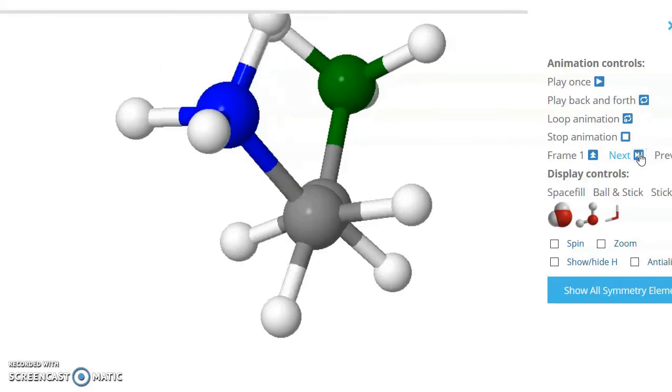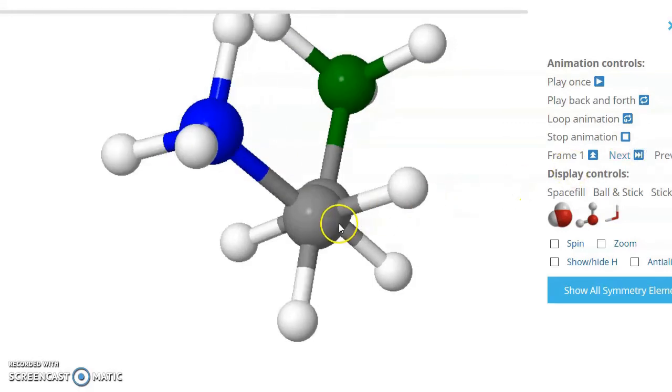Now at this position, you see here, this hydrogen atom and this green methyl group are anti to each other. So this is a sort of staggered conformation, the same way we have for ethane. But this conformation is not as stable as that of ethane because these two bulky methyl groups are near to each other.